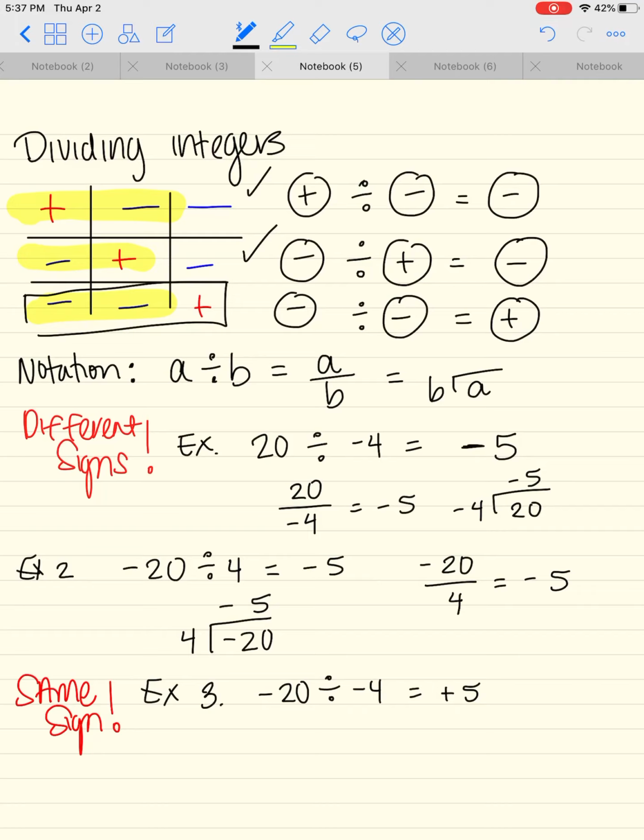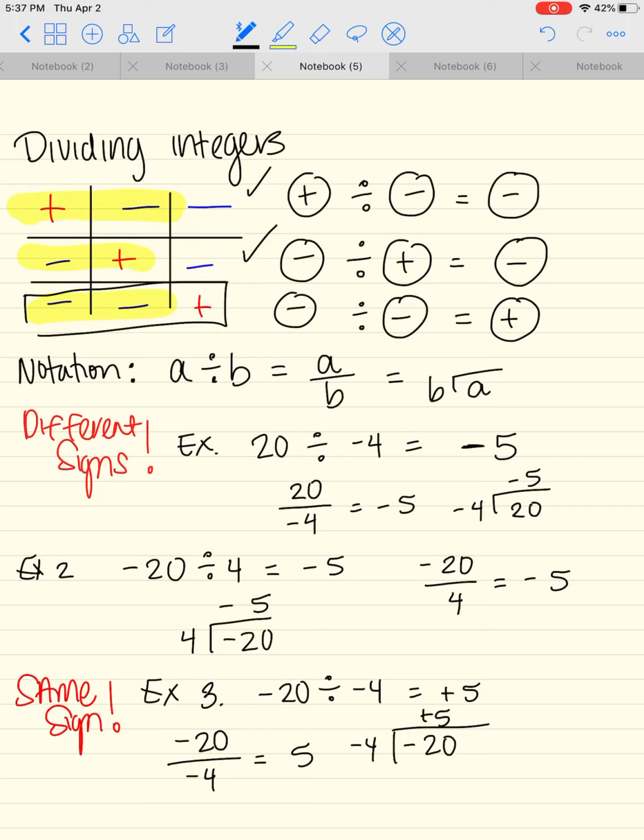And I put the little positive sign so that you don't get confused with my signs. So that is positive 5. Okay? Now, I can also write it like this. Negative 20 divided by negative 4 is still positive 5. Or, with our division box, negative 20 divided by negative 4 is also positive 5.